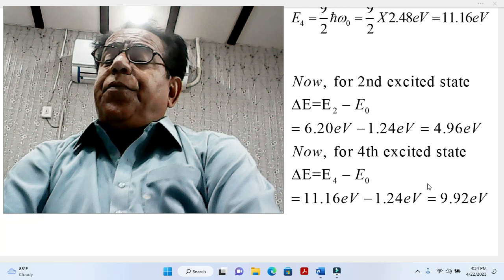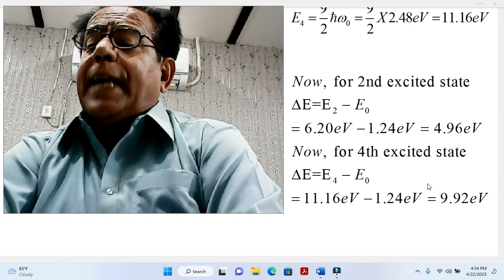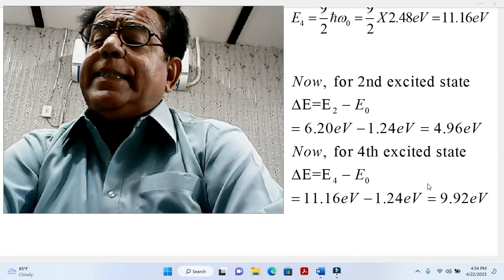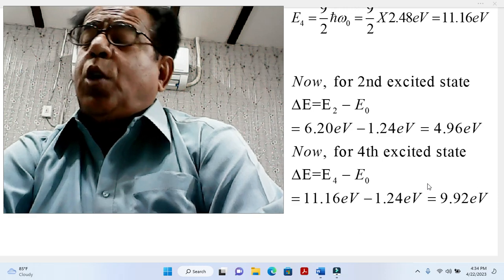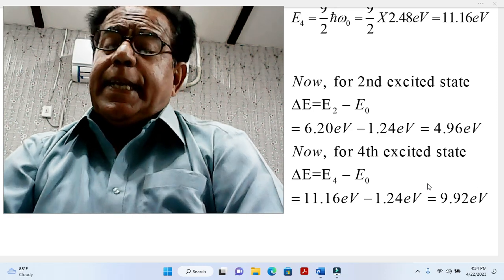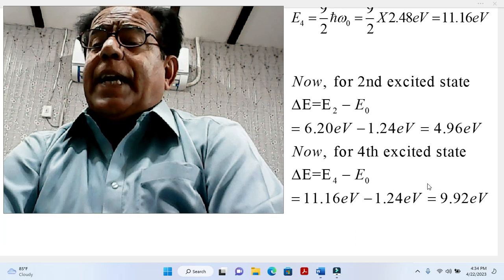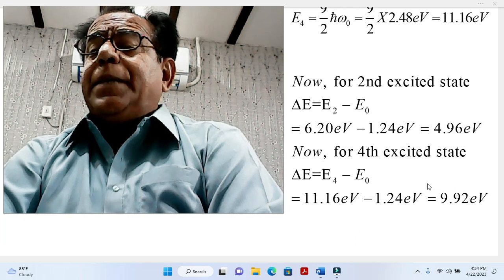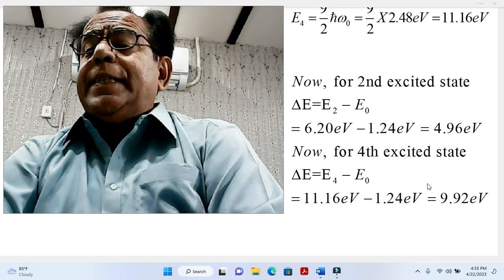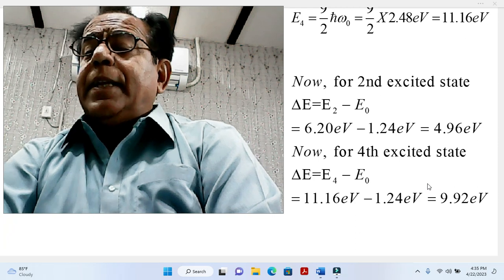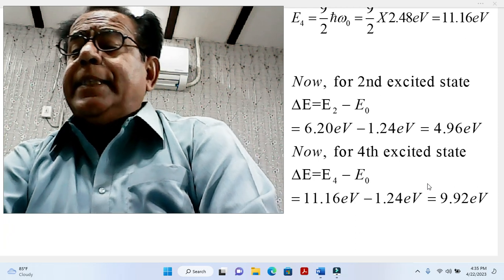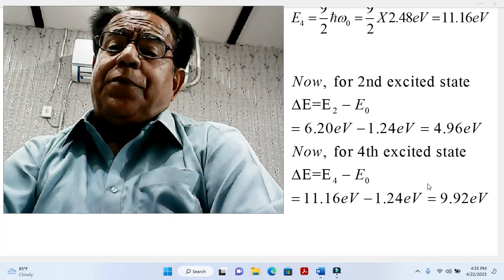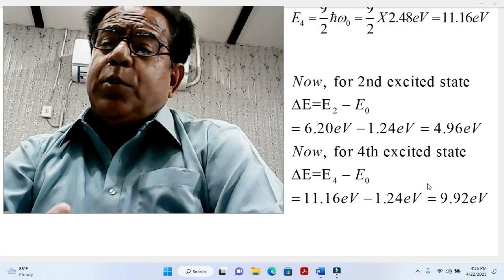Now for the fourth excited state, delta E, that is the change in energy, is equal to E4 minus E naught. Once again I emphasize that it is not E2 minus E1, not E4 minus E3. We have reference with the ground state E naught.